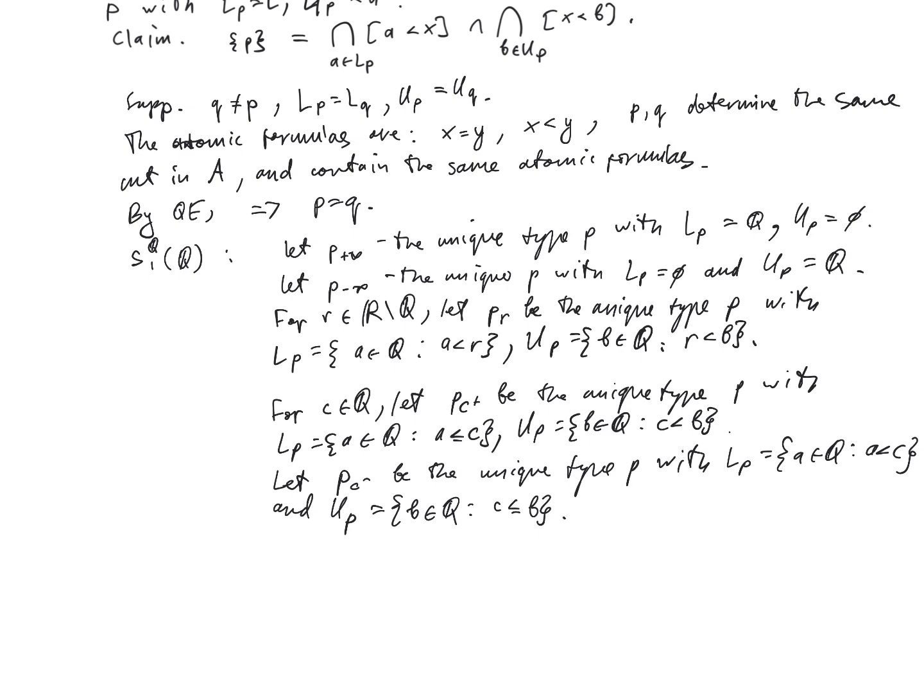This gives all possible types because of the correspondence to the cuts. So in particular, we have that the number of one types over Q is continuum, 2 to the Aleph naught.